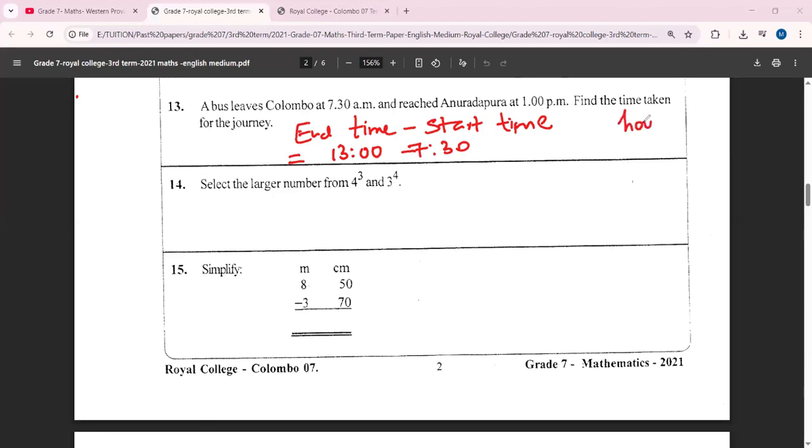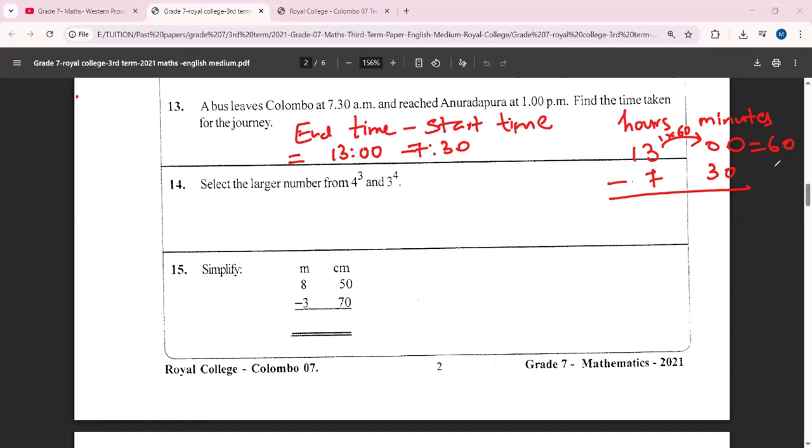Then let's go to the subtraction. You have hours and minutes: 13:00 minus 7:30. If you subtract, 0 minus 30 is not possible, so you take 1 from here. That 1 actually means 60 minutes. Then 0 plus 60 is equal to 60.